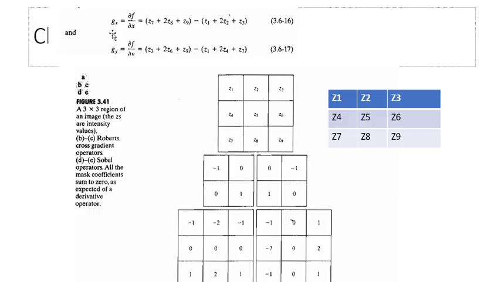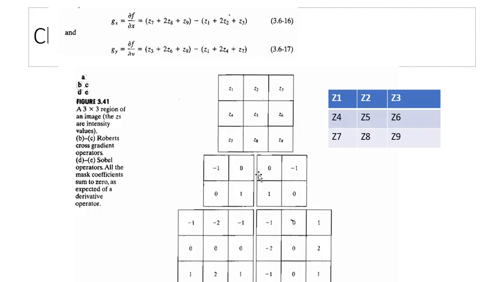This is how you represent gx, which is dou f divided by dou x, equal to z7 plus 2 z8 plus z9 minus z1 plus 2 z2 plus z3. Similarly, gy is represented by z3 plus 2 z6 plus z9 minus z1 plus 2 z4 plus z7. So the 3 cross 3 matrices are obtained based on the intensity levels.